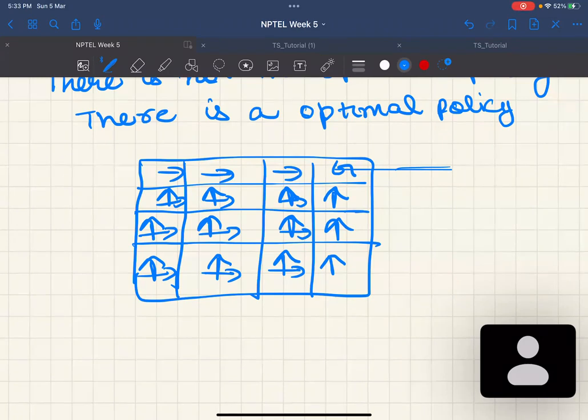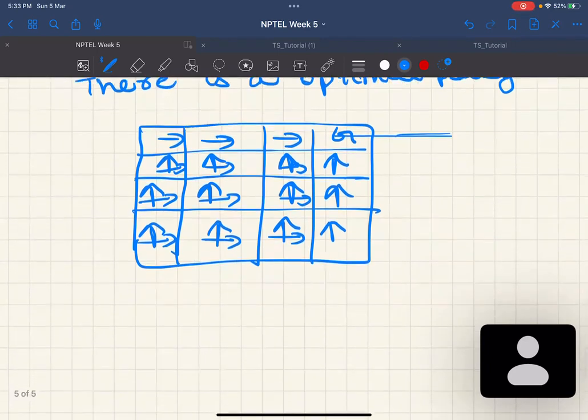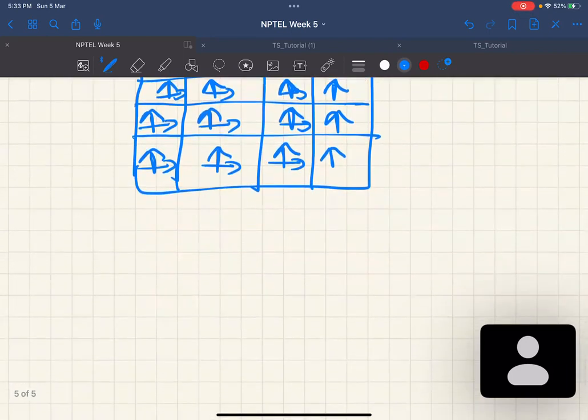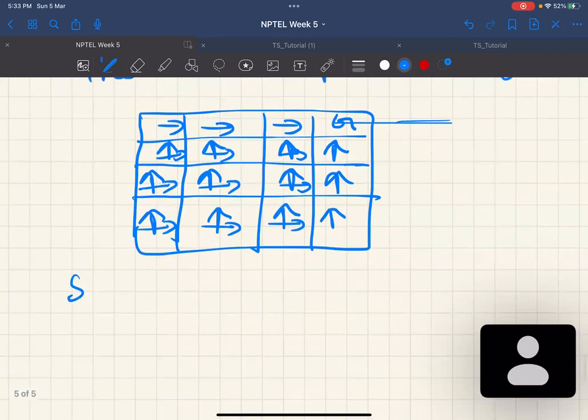It tells that there may be many optimal policies. I can go top every time. I can go right also and reach that particular state. You got this example? Yes, I got it. Okay.